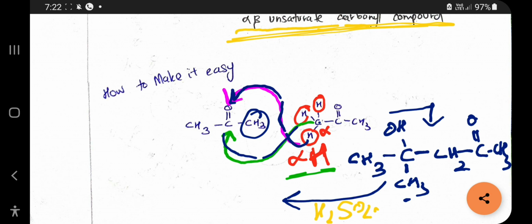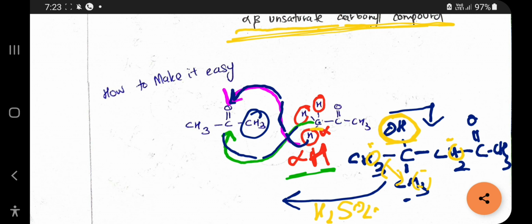Dehydration means removing water, H2O. You can remove the OH and an H from here or here; removing H from these two is the same because they are identical. So what is the rule? You should obtain an alpha beta unsaturated carbonyl compound.